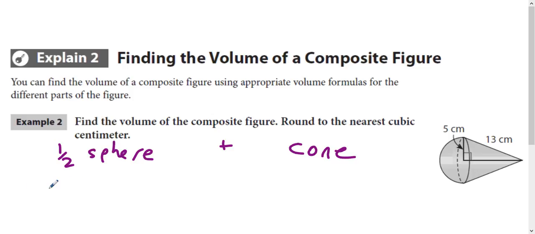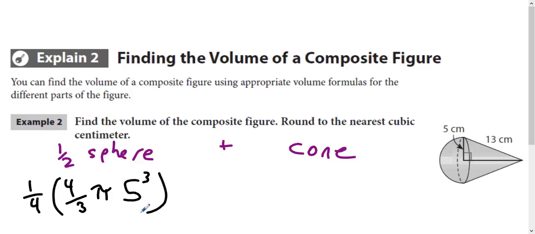So for the half sphere, we need to know the radius because the formula for a sphere is 4/3 pi r cubed. So we need to know the radius, which here is 5. It'll be a 1/2, not a 1/4.